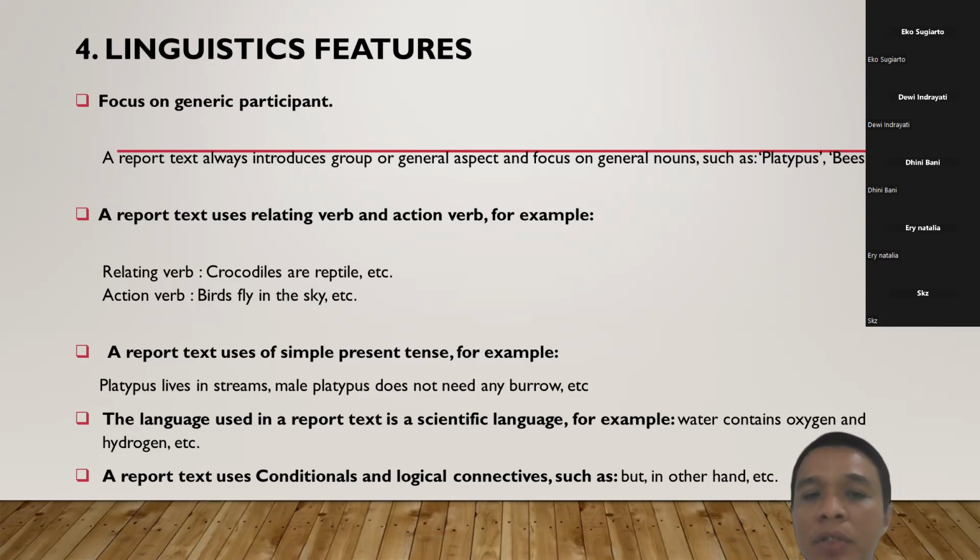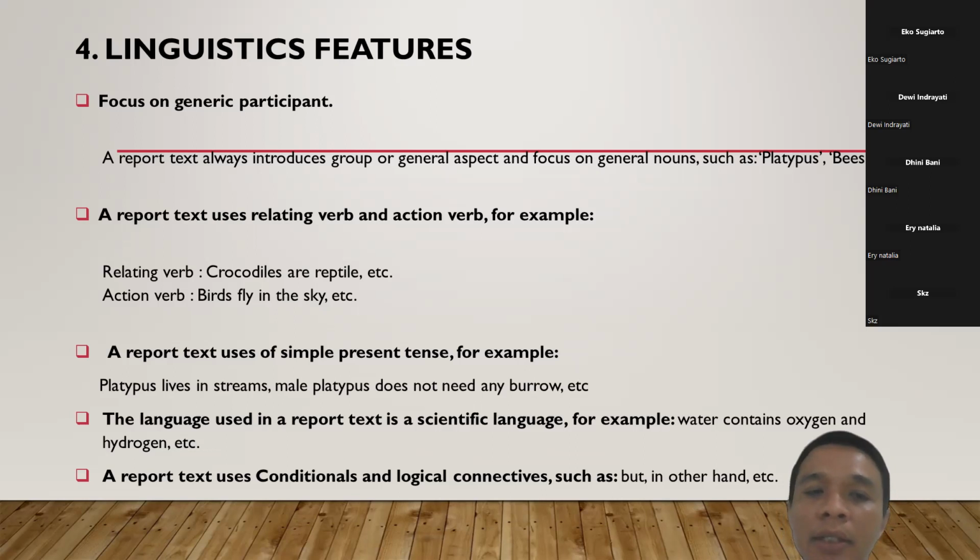Report text always introduces a group or general aspect and focuses on general nouns such as platypus, bees, etc. As you can see here, it focuses on or introduces a group or general aspect of general nouns such as platypus and bees, not specific nouns.